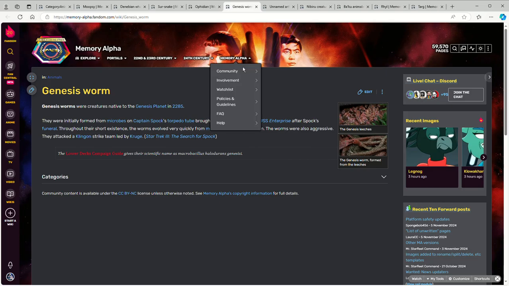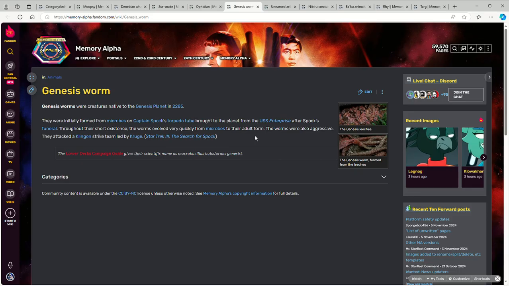Then you have stuff like the Genesis worm, which does not have a significant role in the story, but its existence is indicative of a plot element developing, which in this case was the fact that the Genesis planet is unstable due to the way it was created with that whatever energy matrix thingy.